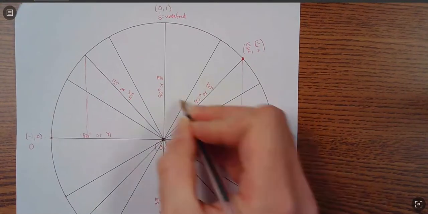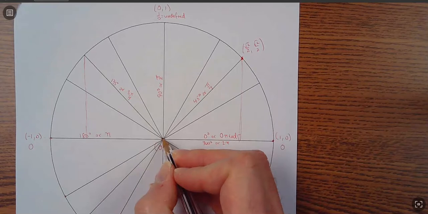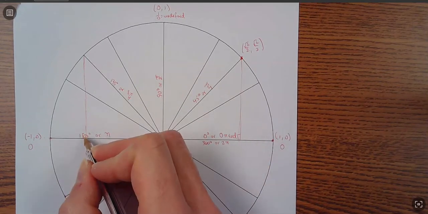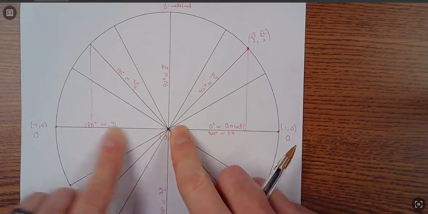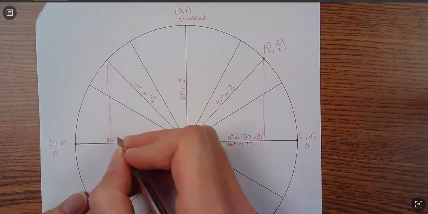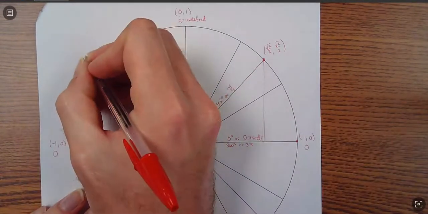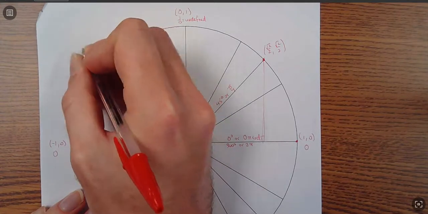This length right here, again, is going to be radical 2 over 2. Here I went right radical 2 over 2, here I'm going to go left radical 2 over 2. Notice it's the same amount up, too. The only difference is I went left this time. So it'd be negative radical 2 over 2, comma, radical 2 over 2.